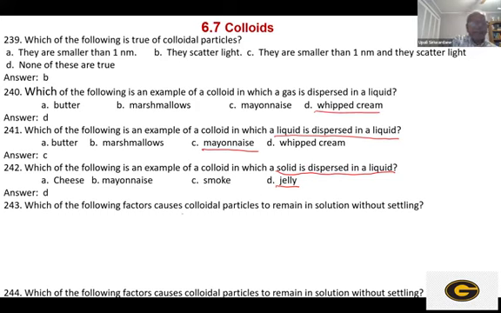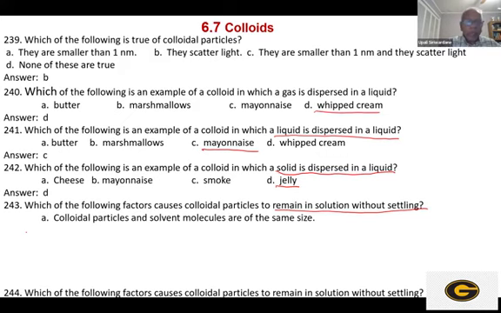Which of the following factors causes solid particles to remain in the solution without settling? We talked about it. In colloids, they don't aggregate or settle down. They remain dispersed without settling. It's something to do with the solvent. Colloid particles and solvent molecules are of the same size.